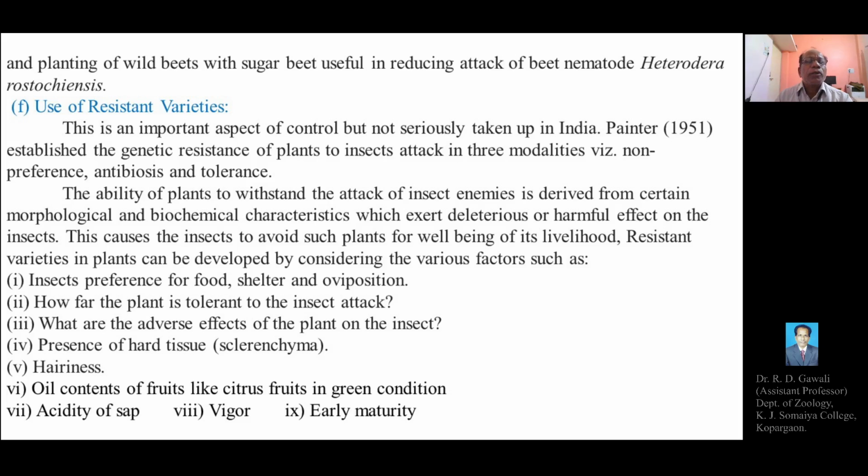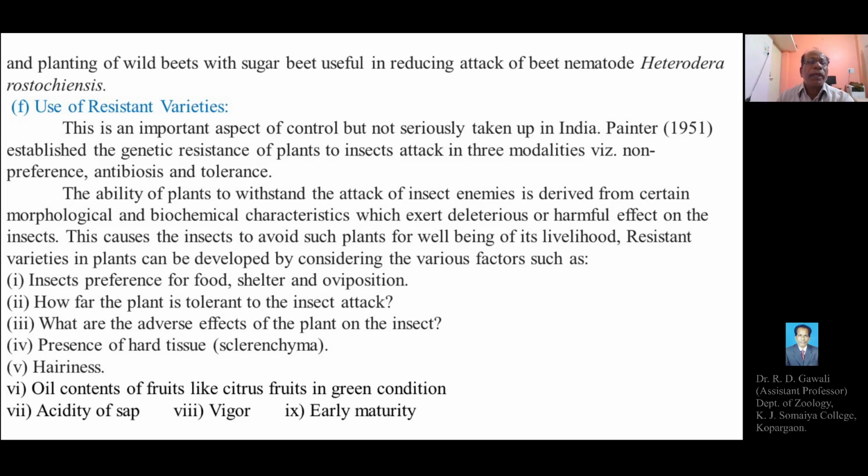This is the beet nematode which is infesting the major crop of sugar beet, and it can be diverted from sugar beet to wild beets. So wild beet can be planted along with the sugar beet fields.